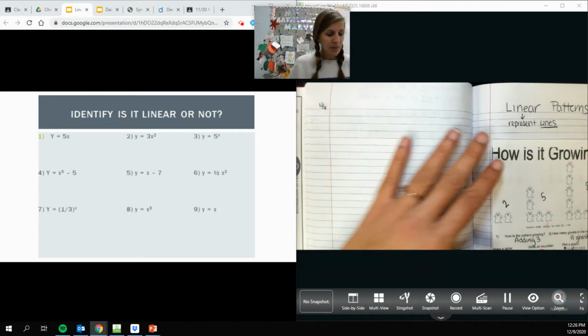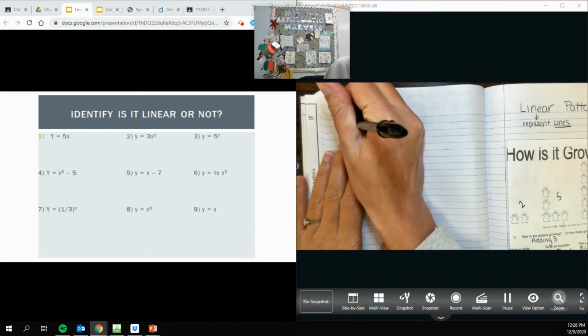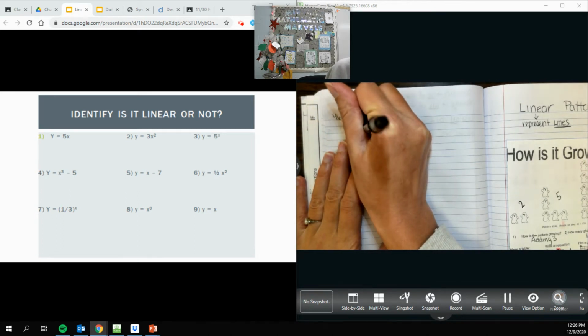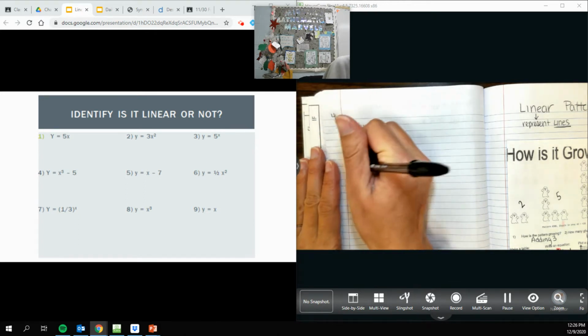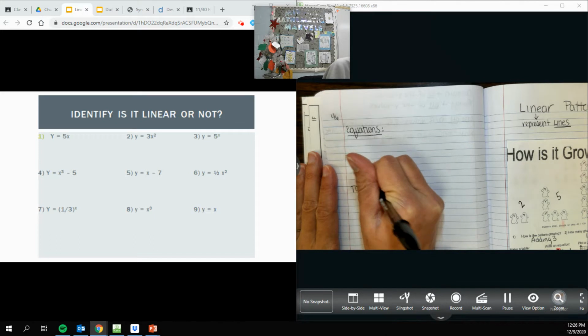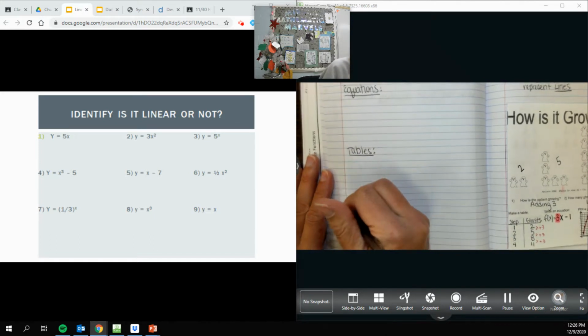Now, before we do that, we want to add a couple of titles. So the first thing that we're going to look at is equations. Then we're going to look at tables. And then we're going to look at graphs.